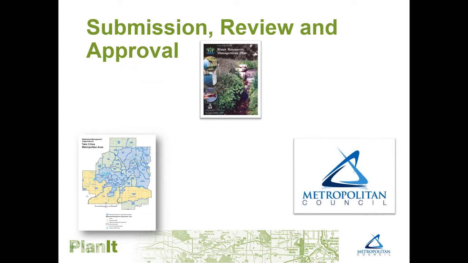Let's quickly review the most important elements of local water plan submission, review, and approval. First, the 8410 rules require that local water plans must be submitted concurrently to both the Metropolitan Council and to the appropriate watershed management organization or organizations for a community.